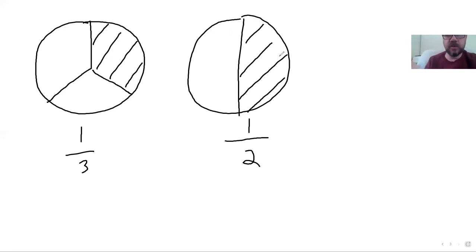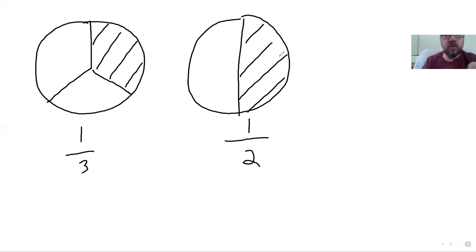The denominator tells you what kind of fraction you have, and the numerator tells you how many of those you've got. It's sort of like with like terms. I assume most of you have seen that before, but if you haven't, we'll get there very soon. You can only really add and subtract things that are alike, so you can't easily add and subtract a third and a half.